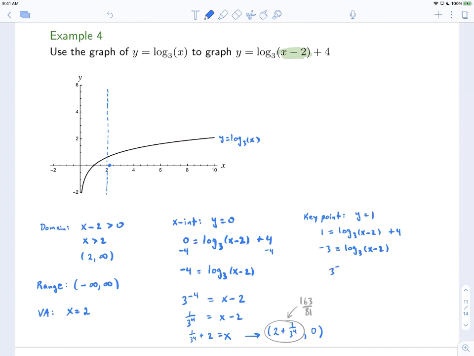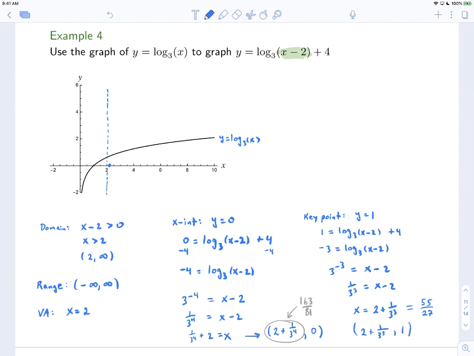So 3 to the negative 3 equals x minus 2. So that's 1 over 3 cubed equals x minus 2. So in this case, x is equal to 2 plus 1 over 3 to the 3. And again, we'll need a calculator to help us compute this, but this is 55 over 27. Okay, so the key point is where x is 2 plus 1 over 3 cubed, comma 1.